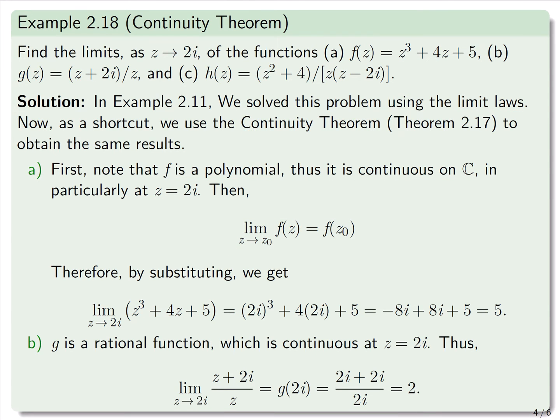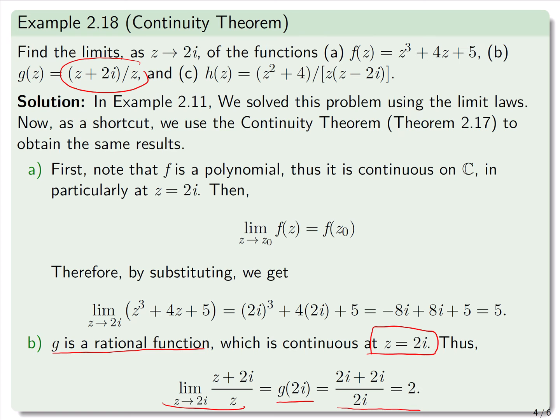The second one is a rational function, which is continuous at z equal to i, because the denominator is not equal to 0 for this value. So instead of the limit, you can plug in the value, simplify, and you get the value 2 in this case as before. You can get the values much quicker using the continuity theorem.